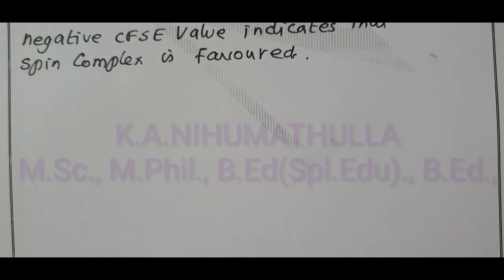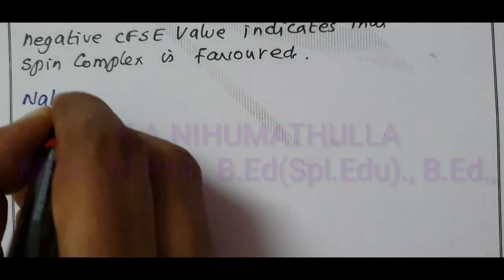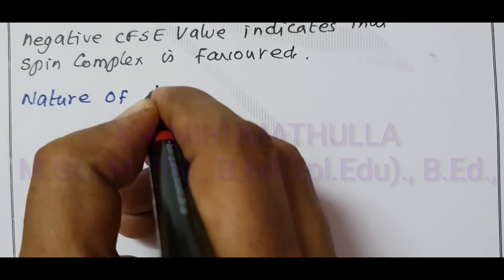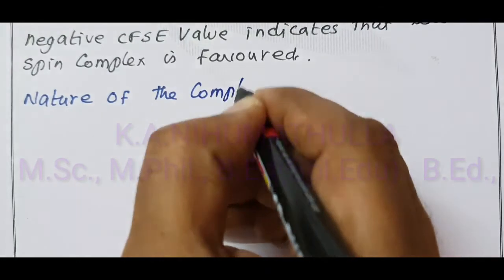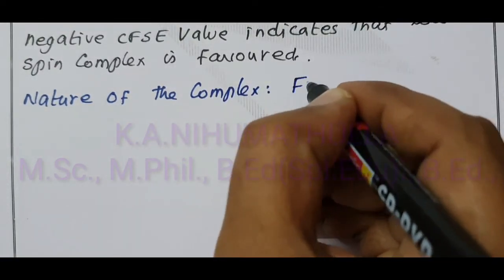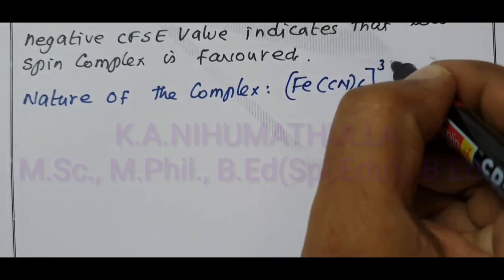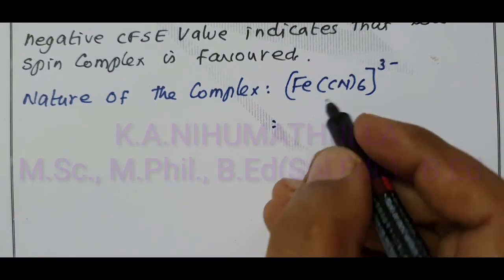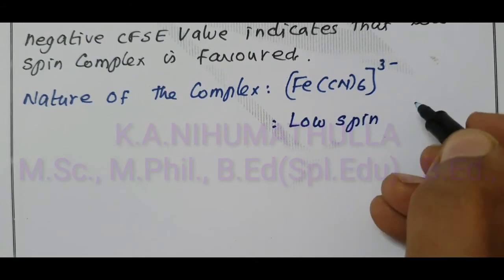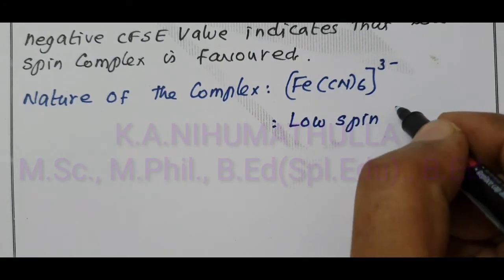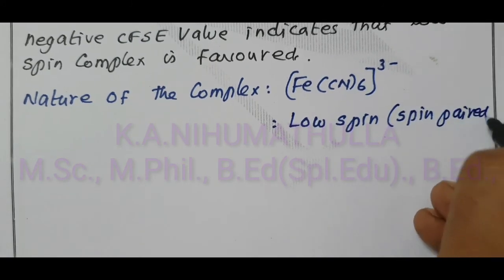Now you are going to write the result of all these. Nature of the complex. What is our complex? We know our complex is FeCN6 3 minus. The nature of the complex is low spin complex. Low spin complex is also called spin paired complex.